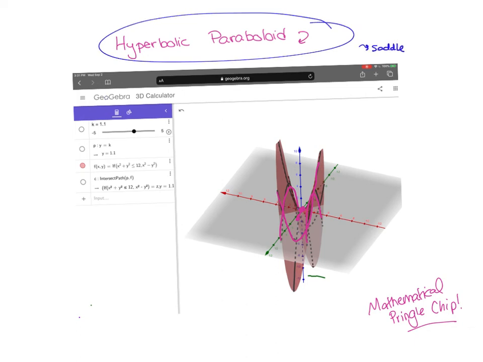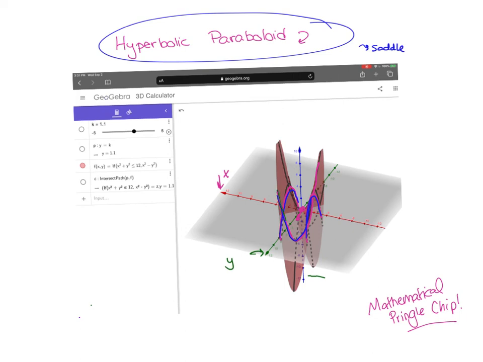So I've got my parabolas facing downward in this direction when I cut for the y's. I've got my parabolas facing upwards in that x direction. Oh, sorry, I actually switched those. This is a little weird because this is my x-axis and this is my y-axis.